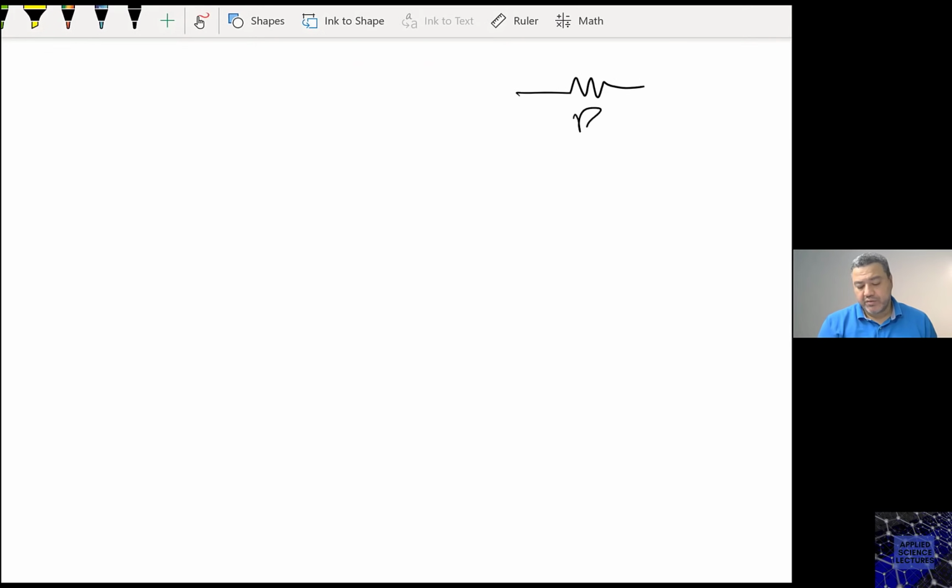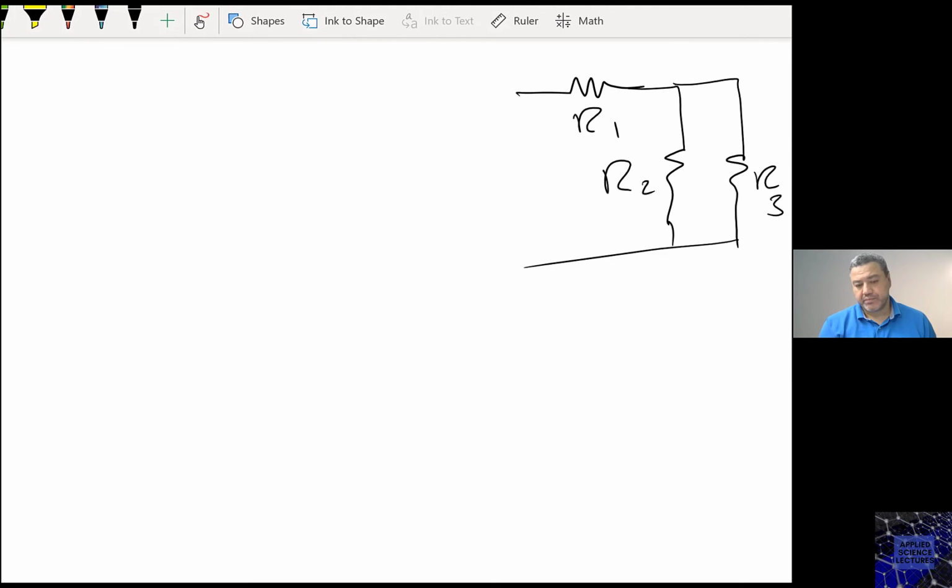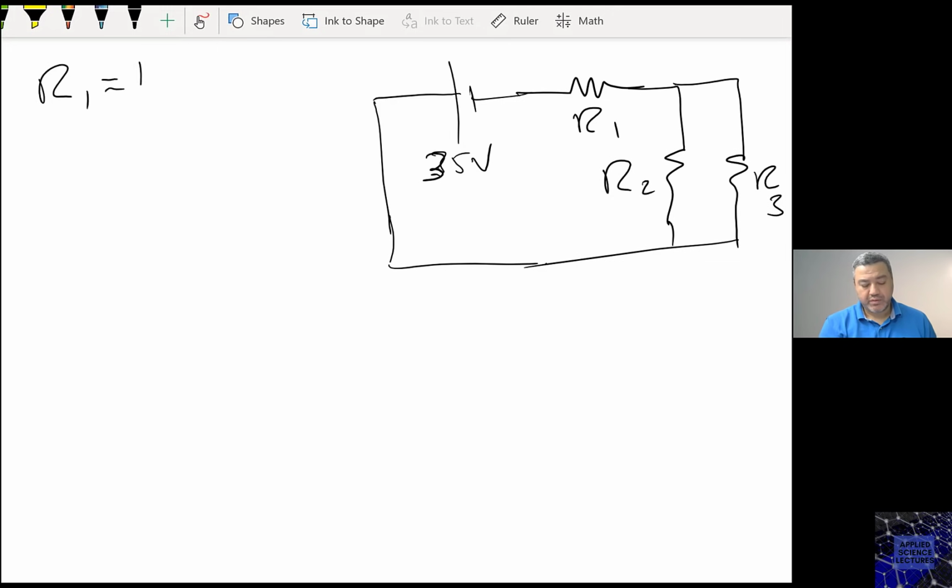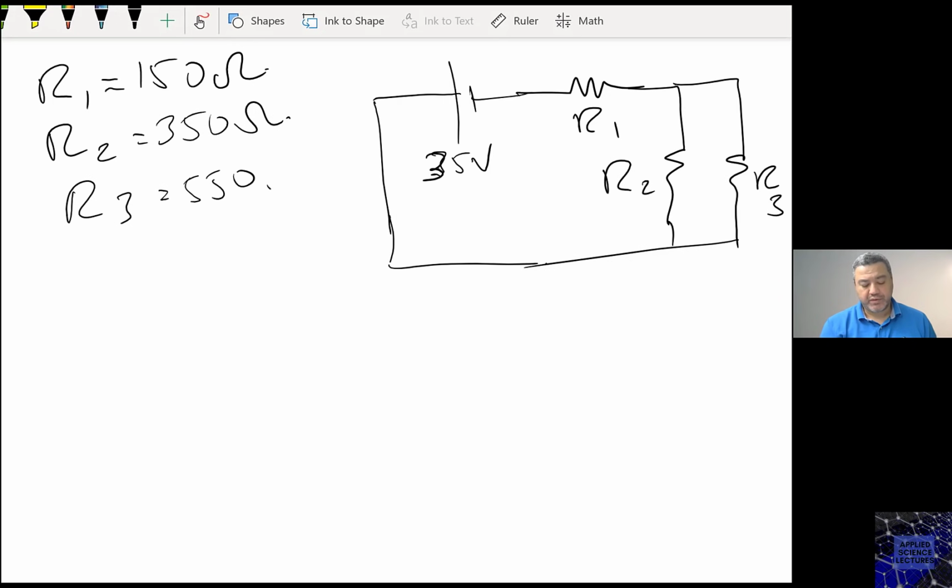So we have R1, we have R2, we have R3. R1 is 150 ohm, R2 is 350 ohm, R3 is 550 ohm.